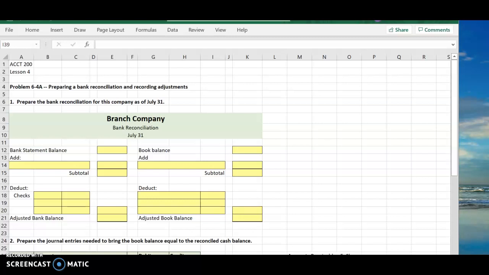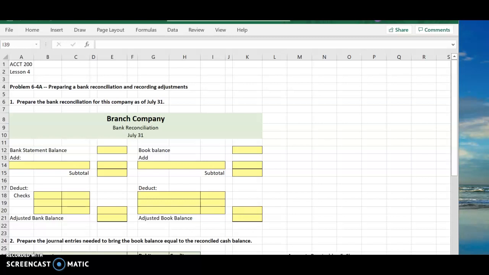So let's turn our attention now to problem 6-4A. You will do problem 6-4B in your homework assignment, which will be very similar to what we do here. Now, you're not normally going to have everything laid out for you as cleanly as I have done here for your bank reconciliation.